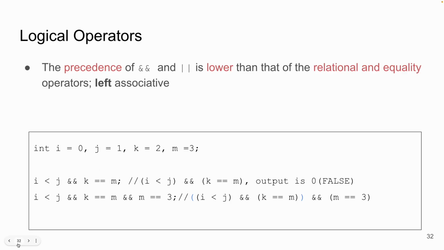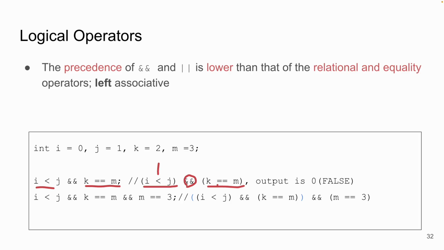So that is why these two sub-expressions will be evaluated first, and then we will evaluate the logical and after we finish evaluation of these two sub-expressions. In this case, let's check out the return value of this one. So i is 0 here, j is 1 here, 0 less than j is true. So the return value here is 1.